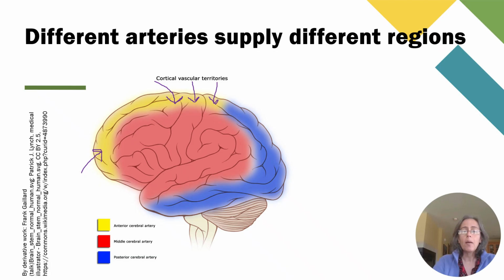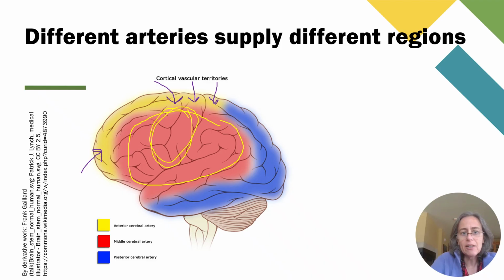So if you get a blockage in a branch of that artery, it could affect all of these different brain regions. Then look at the territory of the middle cerebral artery. Huge, right? So we've got temporal lobe, parietal lobe, frontal lobe. We have all of these motor cortex areas right here. We have a lot of somatosensory areas here.